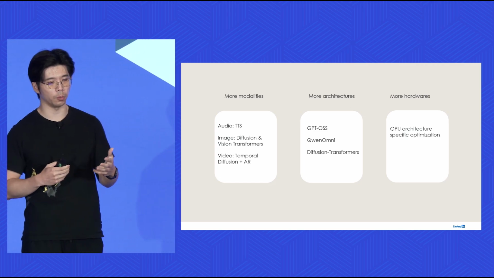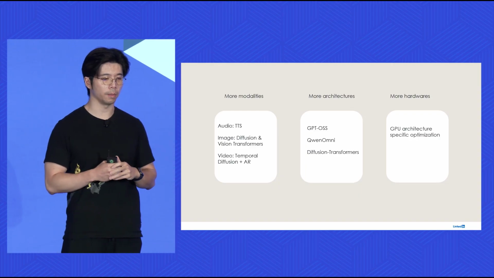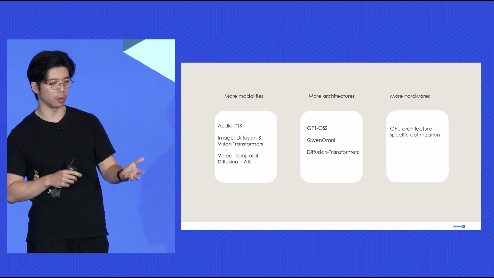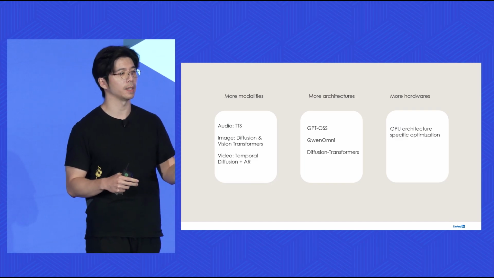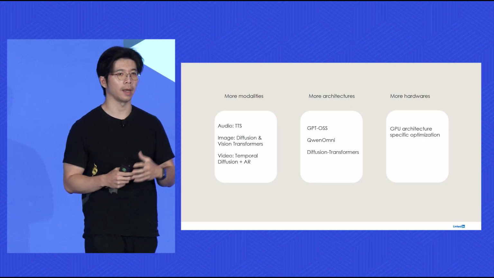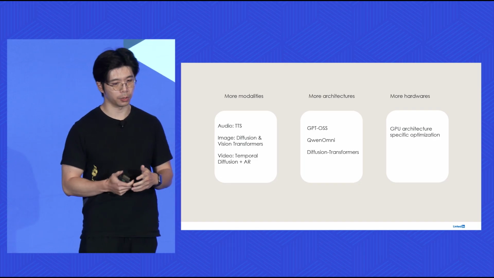And second, we definitely want to support more model architectures. This is consistent with the modalities, because when you look at multimodality models, there will be long sequences of multimodality tokens, and I think with the chunking techniques, we can also reduce the memory usage.